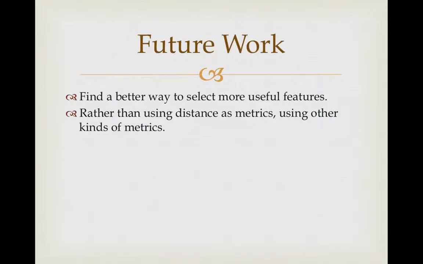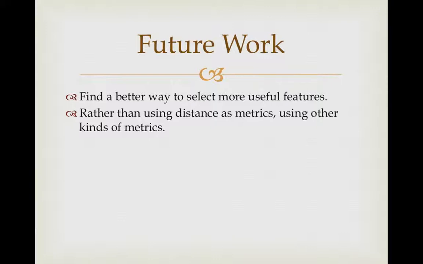So I think in the future I need to find a better way to select more useful features rather than just removing those nearly zero variance features. Maybe I have to test by comparing the results of removing different features.